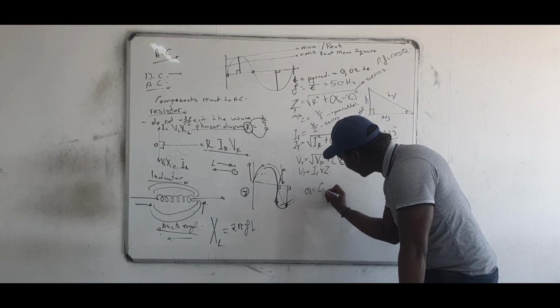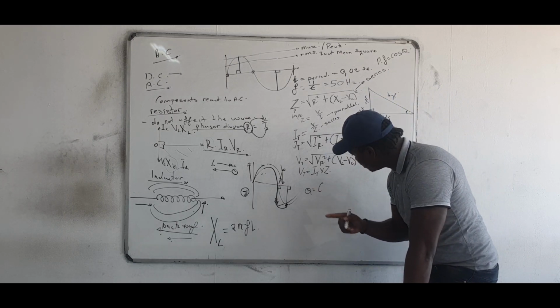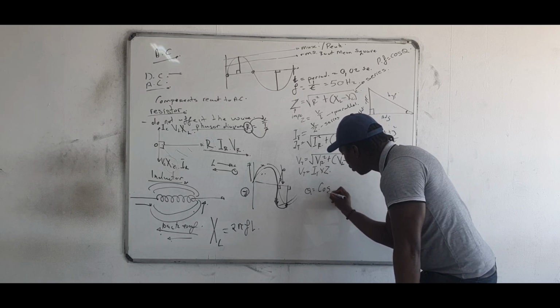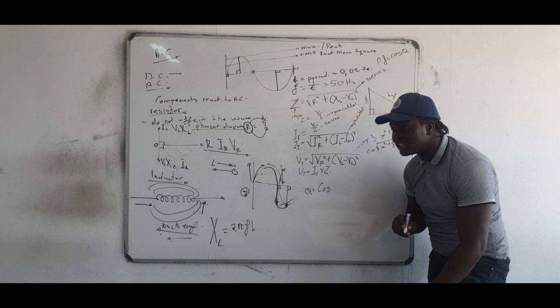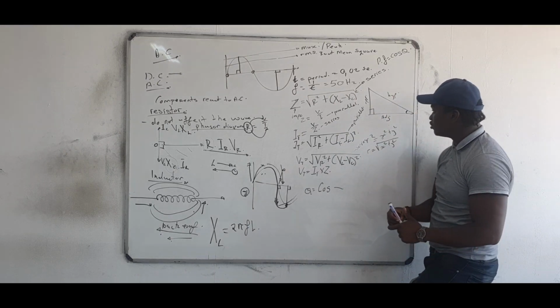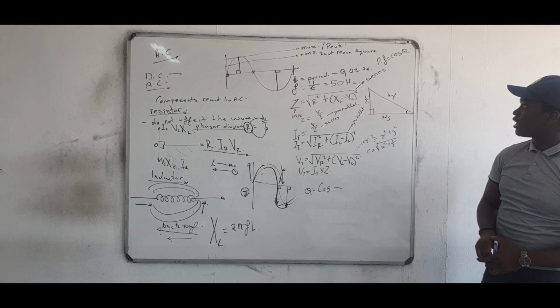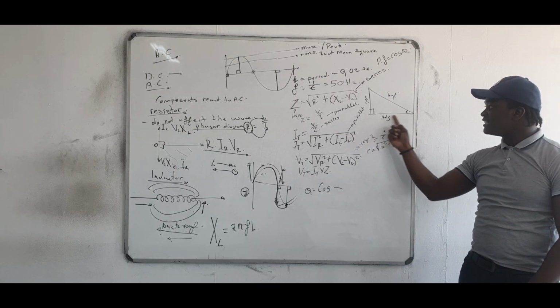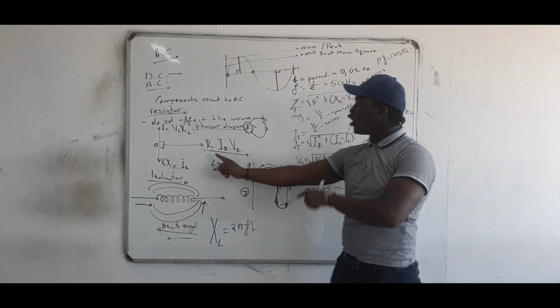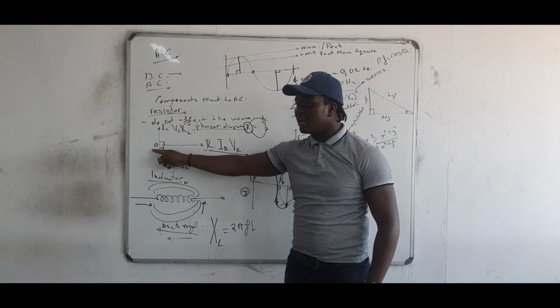Okay, so let's start with cos. Cos theta is equal to adjacent over hypotenuse. That is correct. Our adjacent is on our x-axis. Now, if we go onto our phasor diagram, what is on our x-axis?